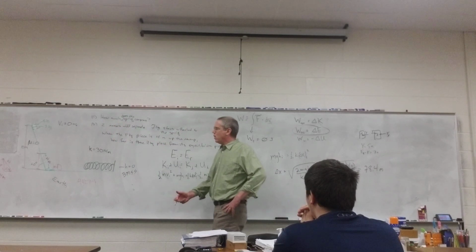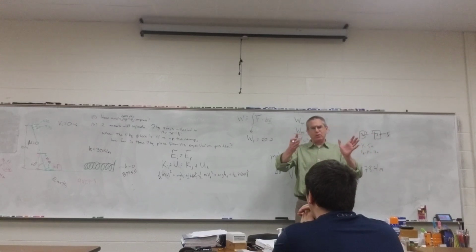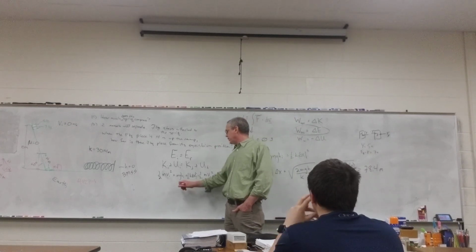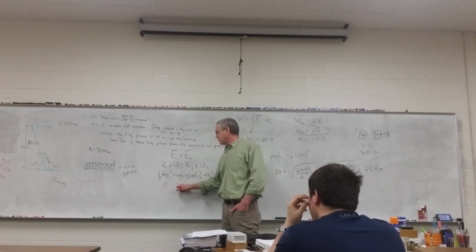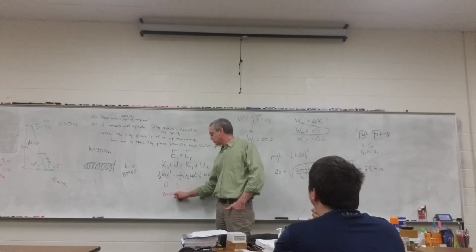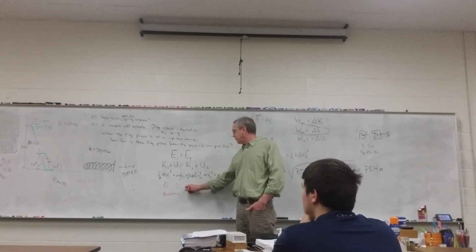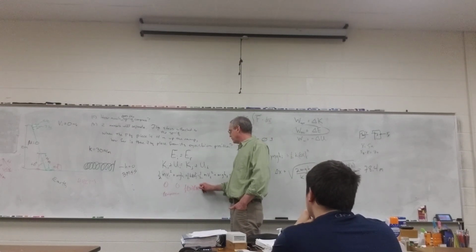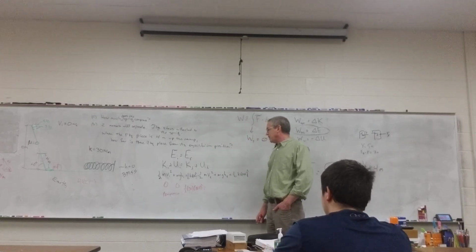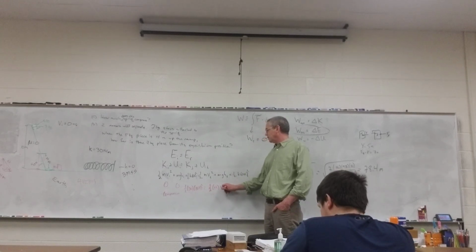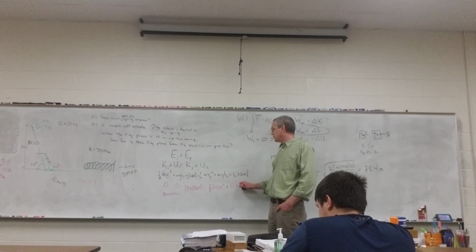Well, let's figure it out. We know that it separates from the spring when the spring gets to its equilibrium position. So on this journey backwards, all the energy is, when it's compressed, 1/2 times 30 times 78.4 squared, and that's equal to 1/2 times 12 times v squared plus 0 plus 0.